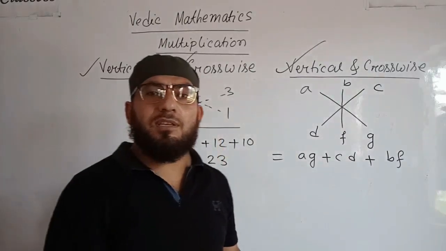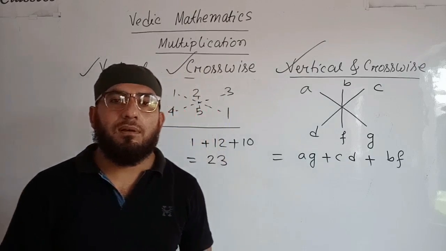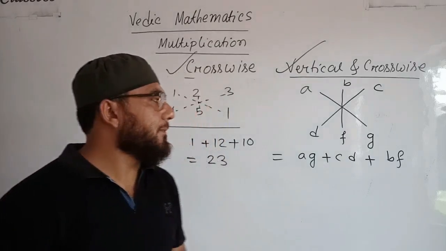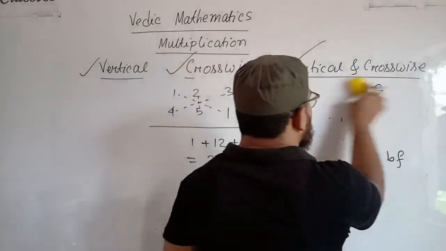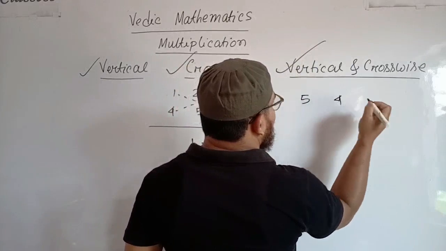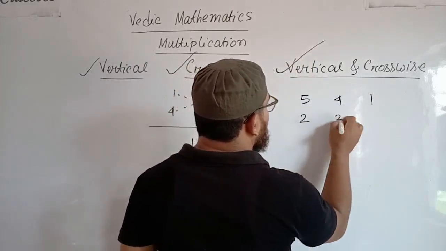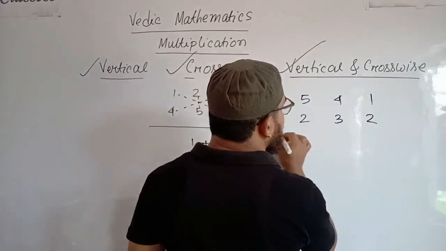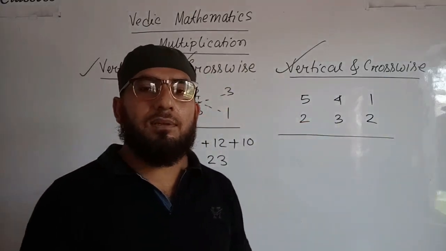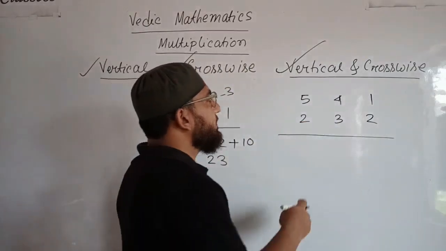These operations are very important if you want to do multiplication in Vedic mathematics. Take one more example: say 5, 4, 1 and 2, 3, 2. We want to do the vertical and crosswise operation for these numbers.